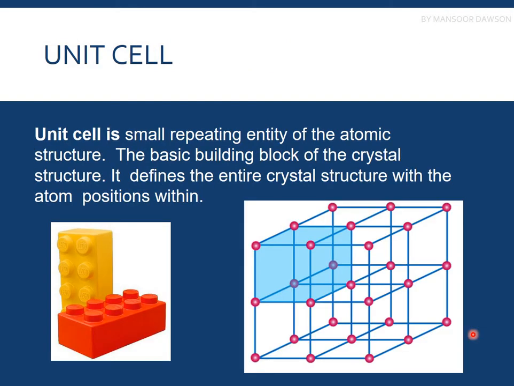So moving forward, what is a unit cell? These are certain terms which we have to study while studying crystalline solids. A unit cell is a very small repeating unit, a basic building block of a crystal structure, and this would define the entire property of the crystal structure with the atoms' positions within.